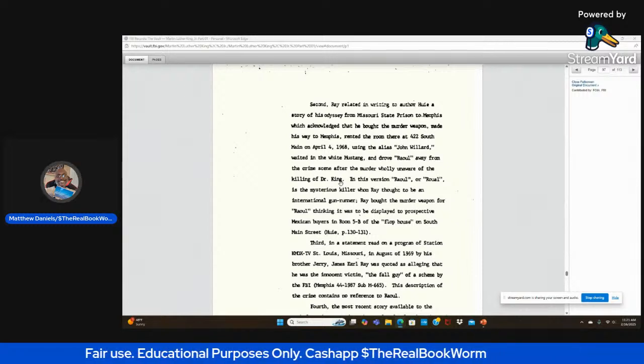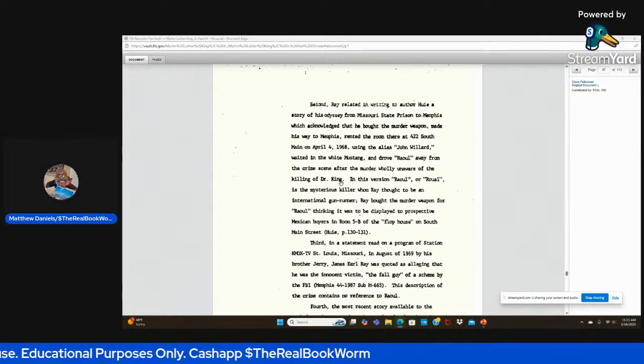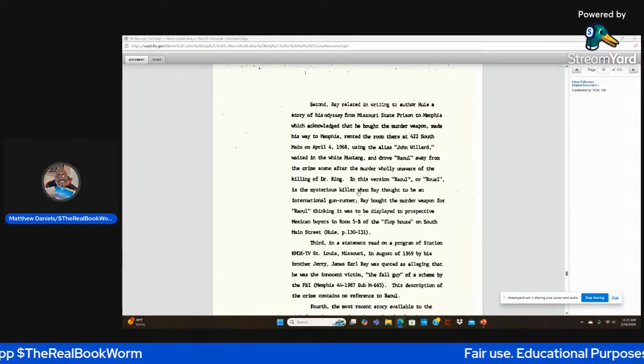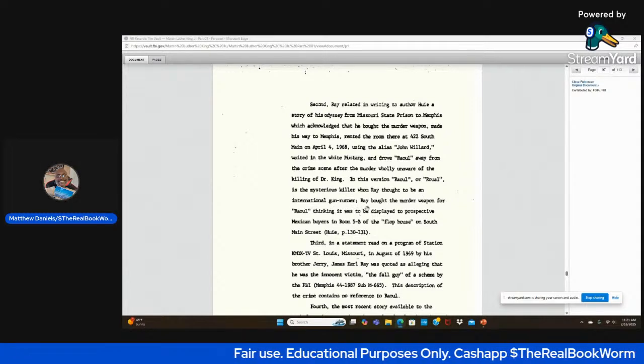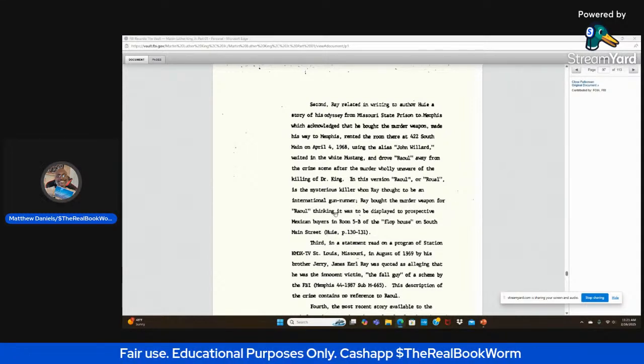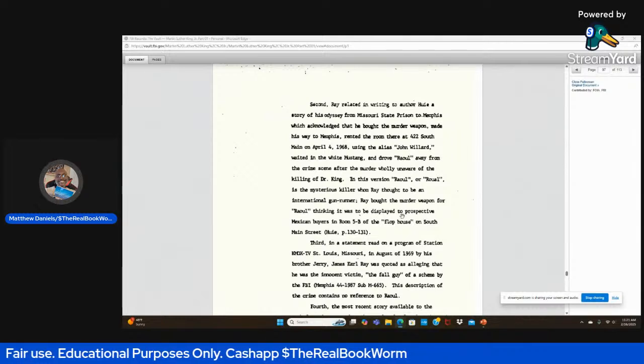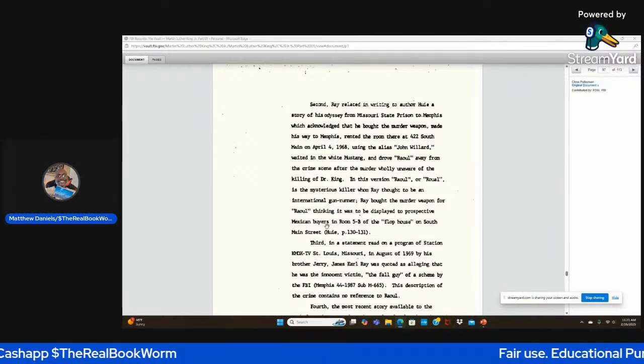Whoa, whoa, whoa. In this version, Raul is the mysterious killer whom Ray thought to be an international gun runner. Ray bought the murder weapon for Raul, thinking it was to be displayed to prospective Mexican buyers in room 5B of the flop house on South Main Street.